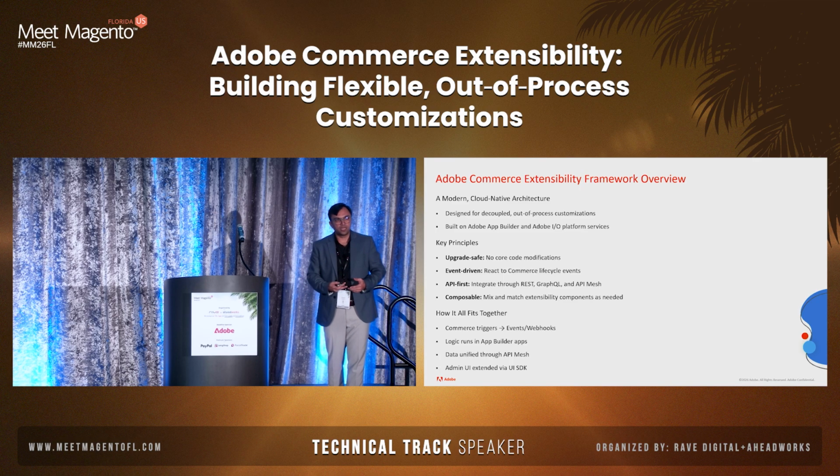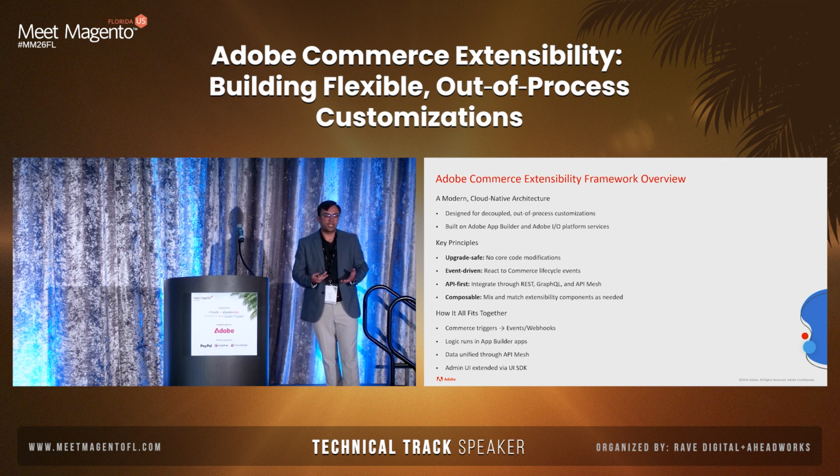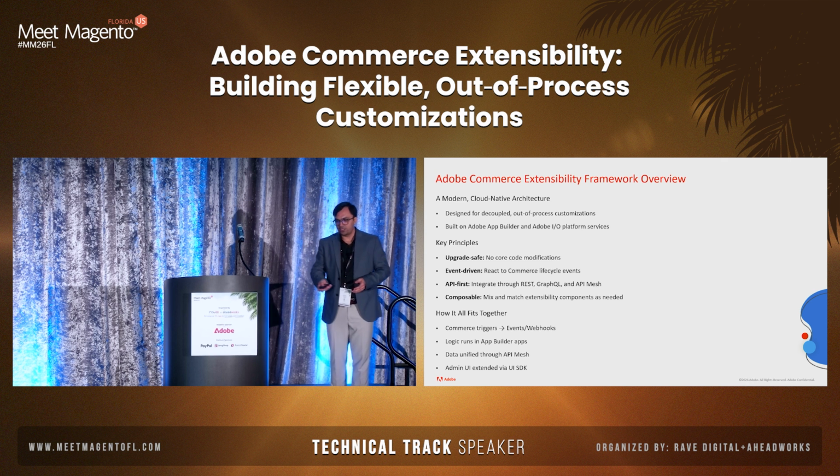You can simply onboard those endpoints within API Mesh as different sources and write a custom graph within API Mesh, so you do not have to write the customization within Adobe Commerce. And at the end, if you want to extend your application, you can do it with Admin UI SDK.